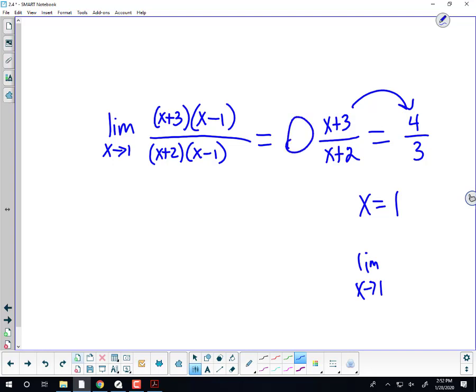I know it's a really minor thing, but it's a technical thing that you should avoid. If you don't like writing the limit over and over again, then take whatever function you're given, take it off to the side, and work it like it's an algebra problem.